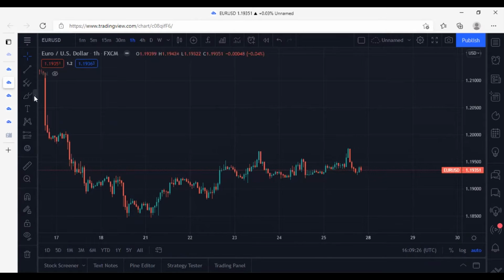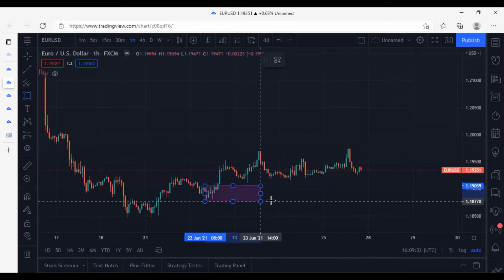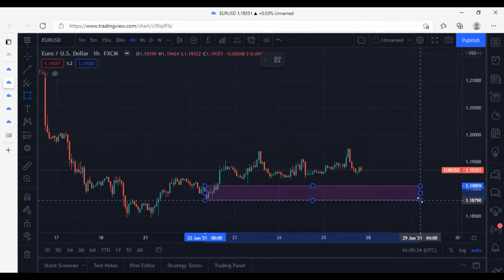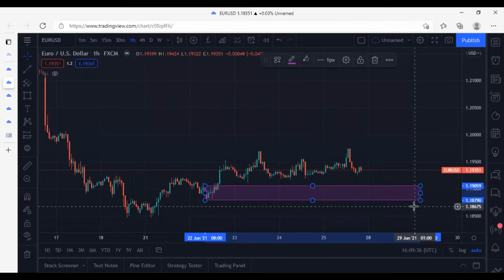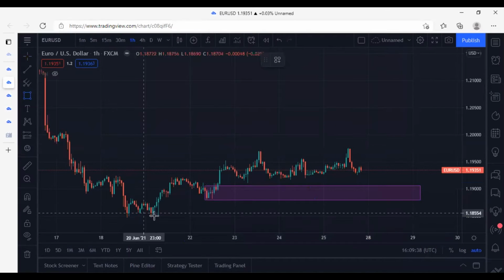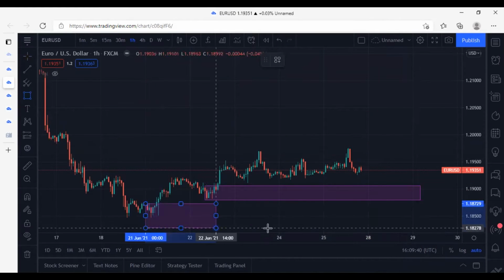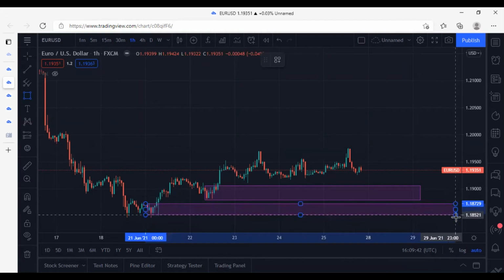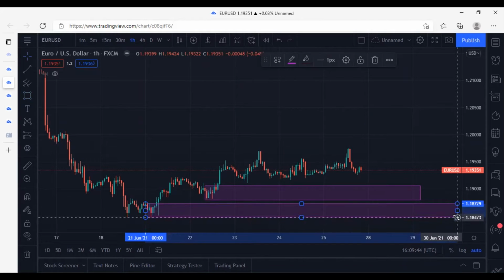So we are looking at it going down, and we are looking at two areas, especially the first one. So let me mark it out. We'll be looking at this particular candle here, and this particular candle here, this area here. I know I'm marking a couple of candles.